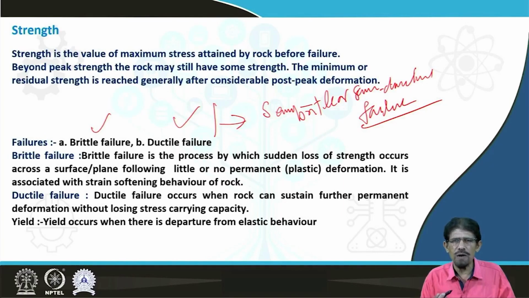The corresponding value of this yield point is recognized as yield strength. Then further, in the progress of this stress-strain behavior, the peak point or failure point and the corresponding value of this stress is recognized as strength or failure strength.